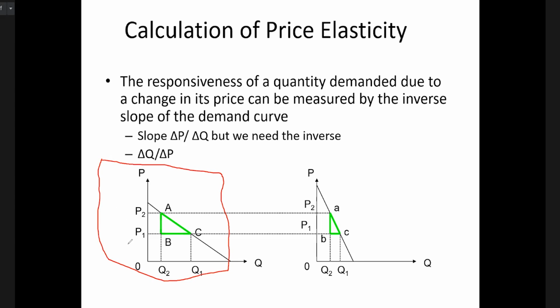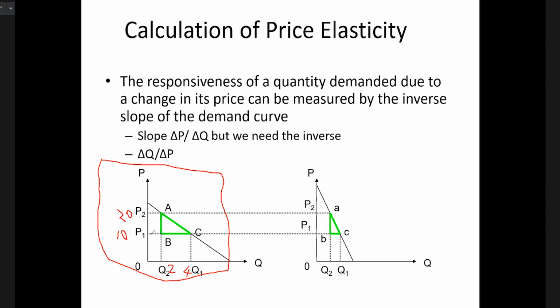So let's put some value here. Let's say this is 10 and this is 20. So original price is 10 and the new price is 20. So original quantity, let's say this is 4 and this is 2. For example, so let's say this is 2.